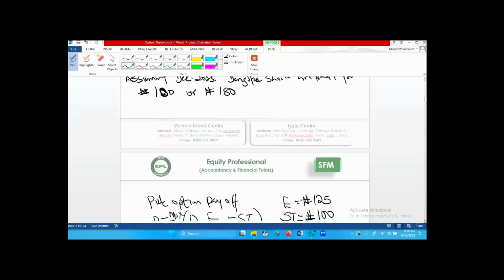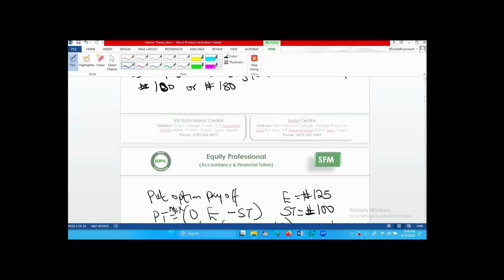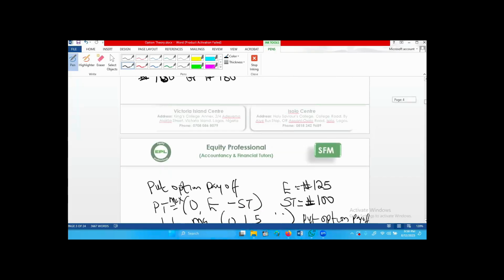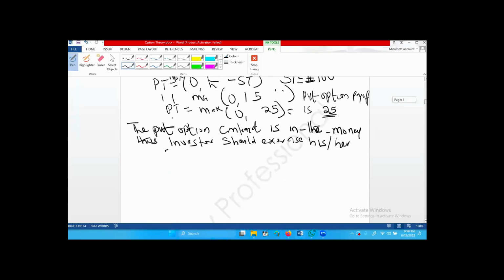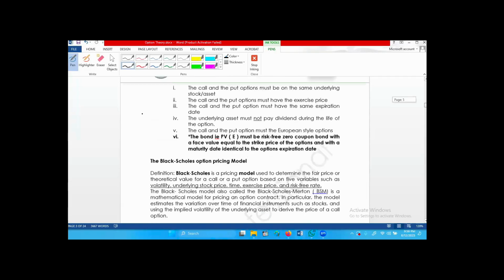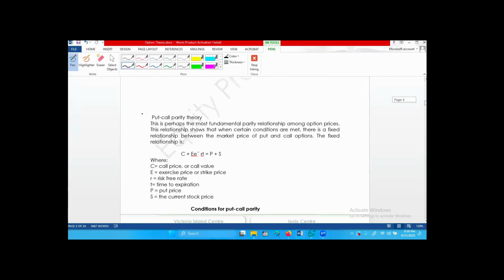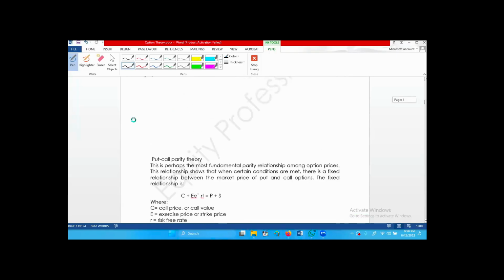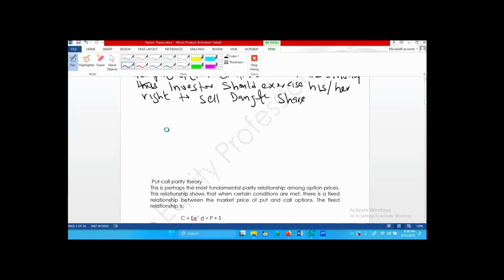Let's demonstrate this. Second scenario. Scenario 2, put option.